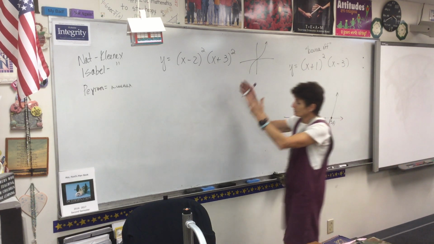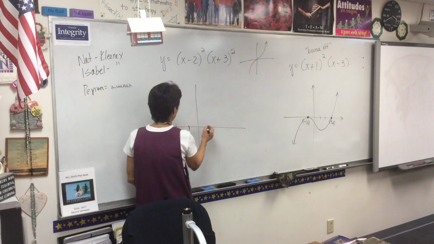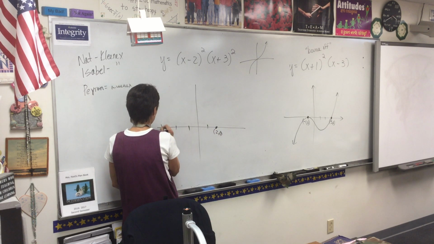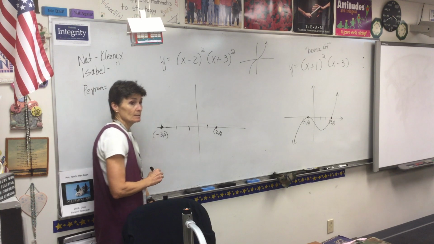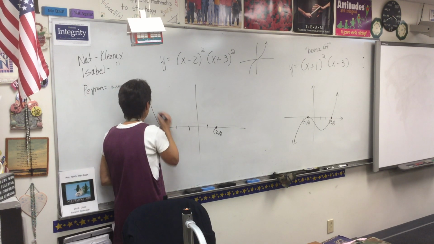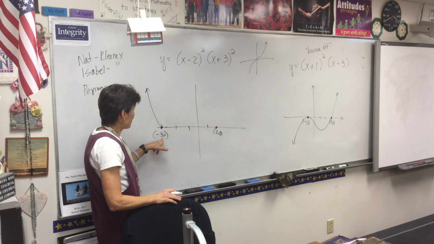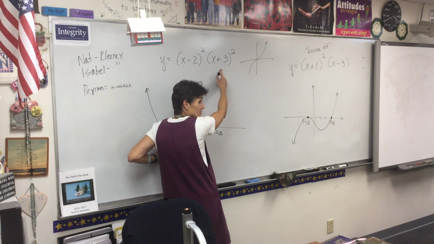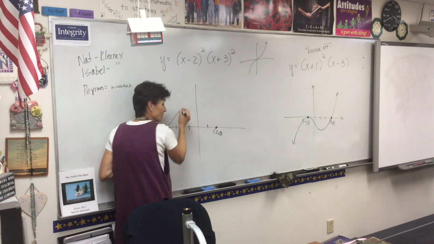So I don't know what this looks like, but I know that it has a 0 at 2, and it has a 0 at -3. It's a 4th degree, which means it starts up. That 0 came from this factor, which is squared. So it's going to bounce off there.